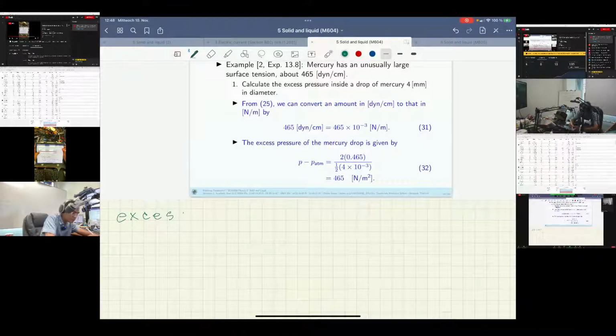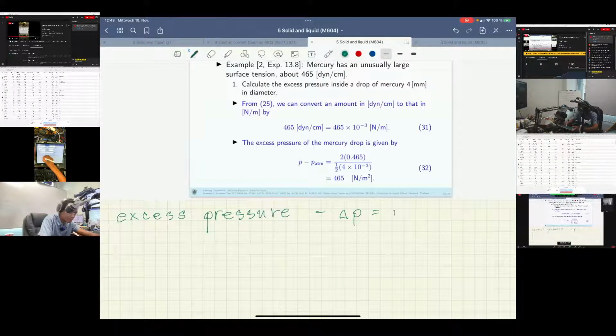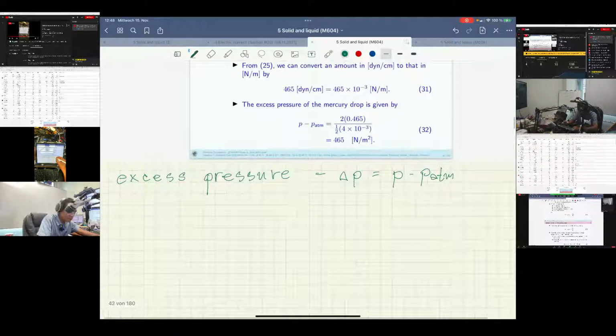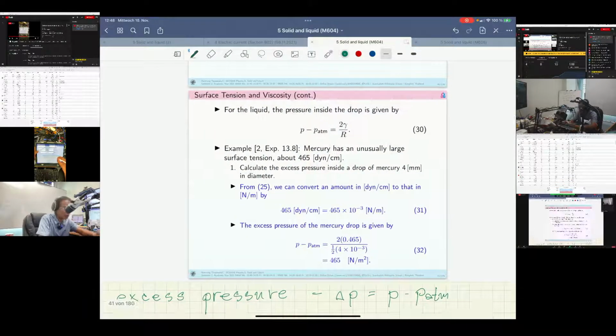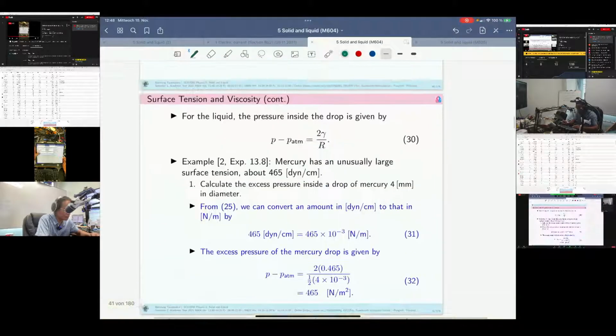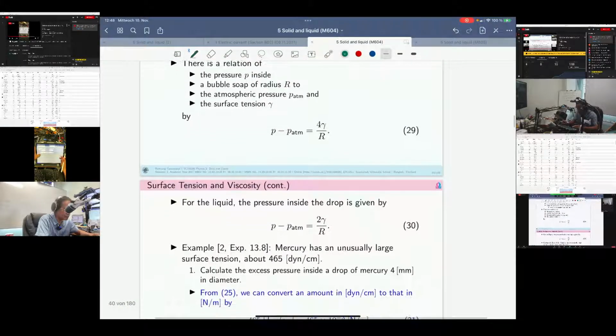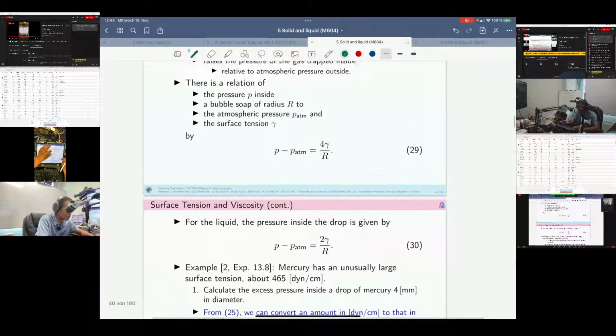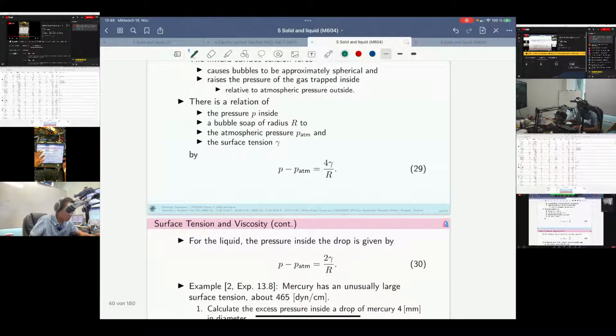the pressure, which is delta P, and it's equal to P inside minus P atm, right? Yeah, it's equal to, according to equation 30, 2 gamma divided by R, right? 2 gamma divided by R. This is for the liquid drop, and for the bubble we have to use a different one, right?